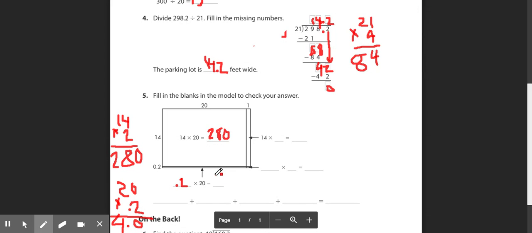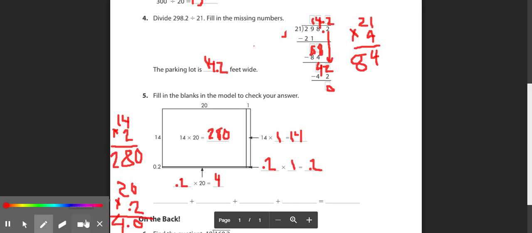So 2/10 times 20 gives me 4. Okay, now we did 14 times 20 here. So now we have to do 14 times 1, which you guys should know right off the bat is 14. And my last one. What should I multiply here? 2/10 times 1. 2/10 times 1 is 2/10.